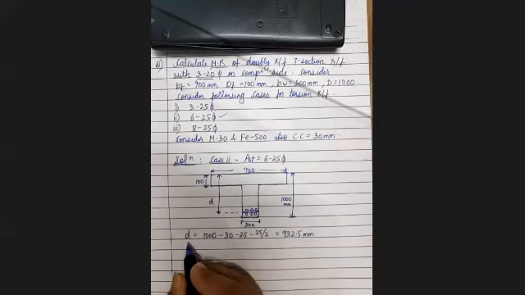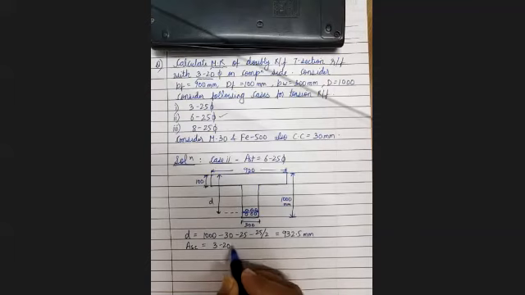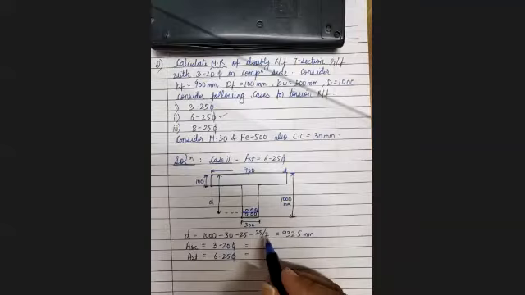Now let us find out ASC. Tell me how much it is. 3 bars of 20 dia. And AST is 6 bars of 25 dia. Spacer bar dia we have considered 25, so that is the reason I have taken 25 by 2.